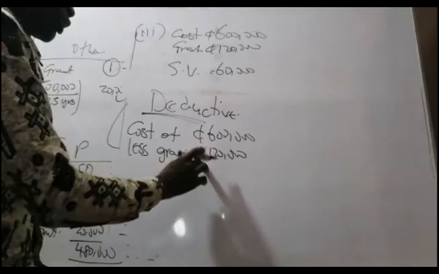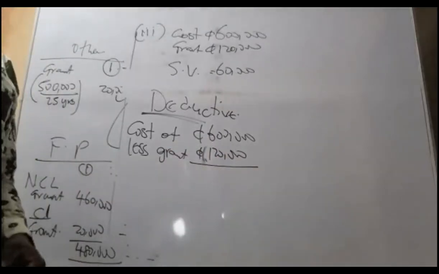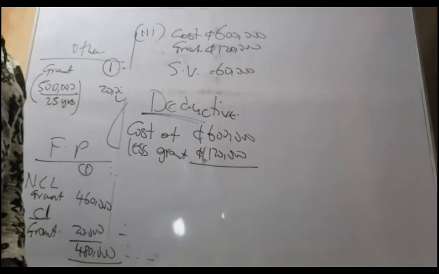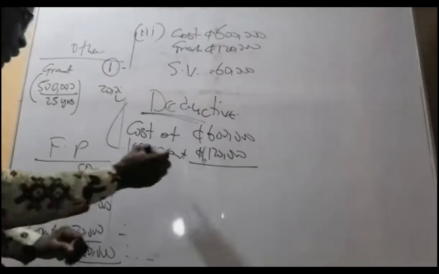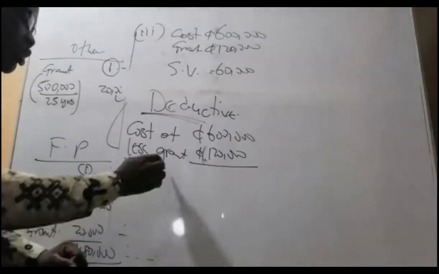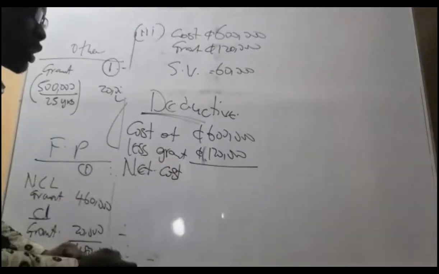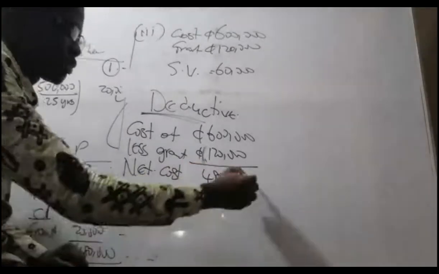So when we subtract, what do you get? The net cost of the asset will be 480,000. So depreciation must be based on this.